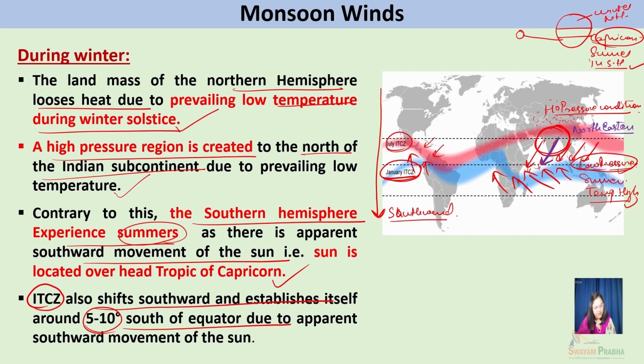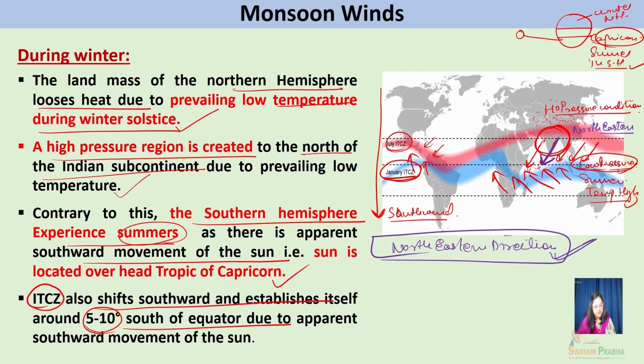So during the winter season, the trade winds which exist over the tropical areas in the northern hemisphere have a northeastern direction. Just remember this: northeastern direction, where winds blow from northeast to southwest in the northern hemisphere in the tropical areas, specifically along this Indian subcontinent area.